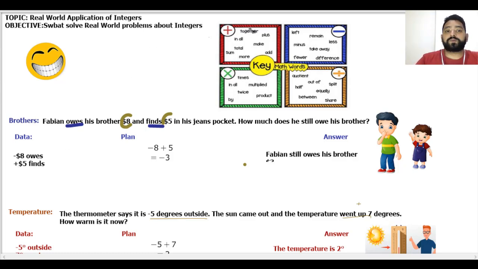You have to try to connect these key math words with the word problems. Remember, practice is the best way to improve in math.